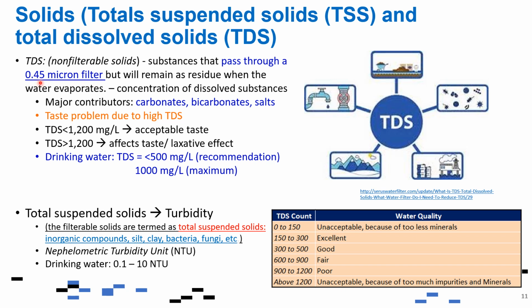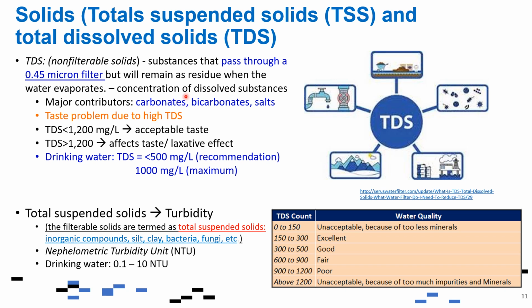Anything that passes through that filter is what we call TDS, or total dissolved solids. Anything that remains on top of that filter, or those that are filtered, are called total suspended solids.